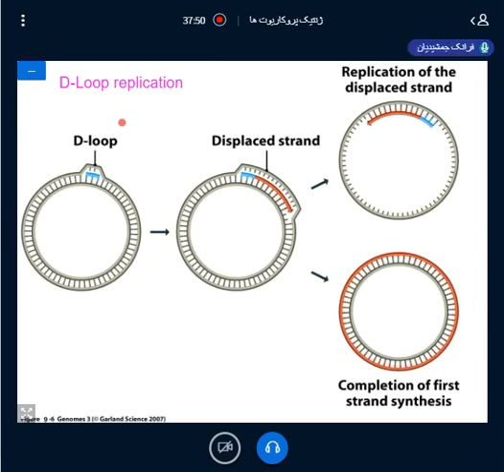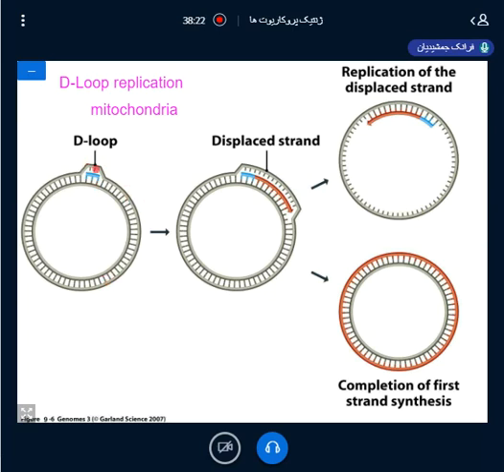Not rolling circle. It's D loop. Listen to me. In mitochondria, Mr. Haidar, the replication type is D loop.